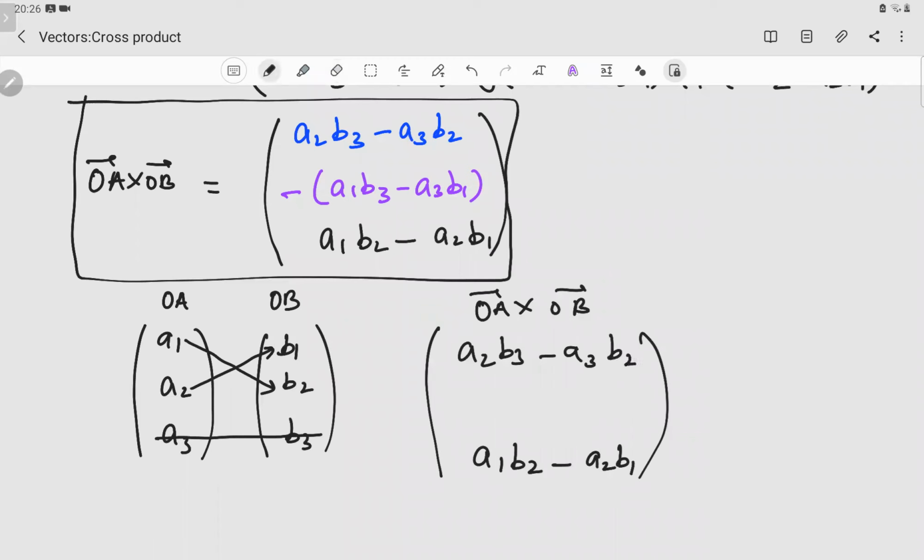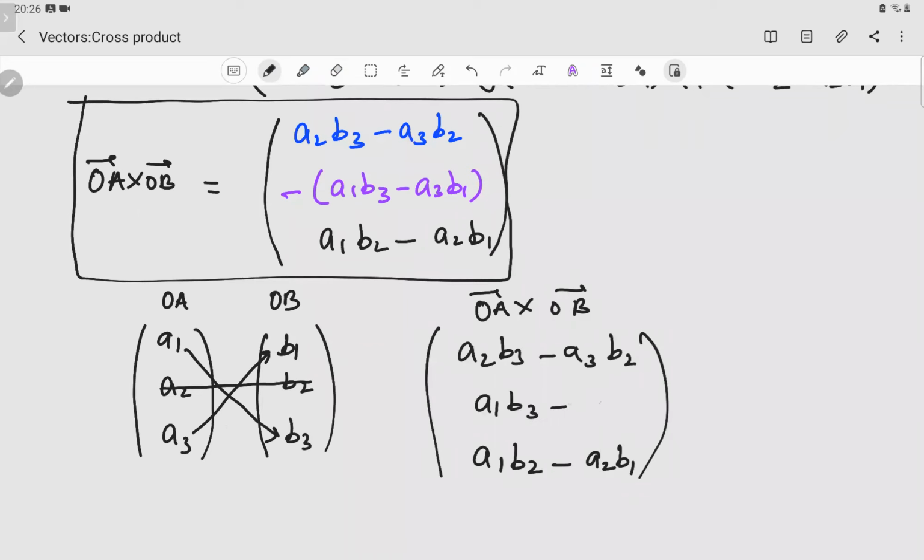If you are not interested in using determinant, OA and OB are written in column vector form, and you just directly want to write a column vector which represents OA cross OB. Now in order to calculate the second entry, you hide the second entry and calculate this cross product.